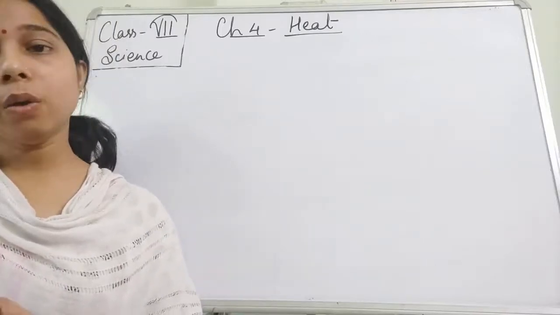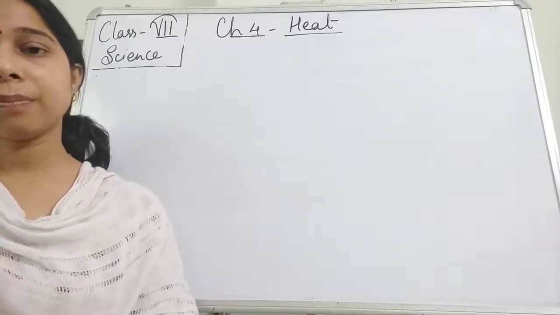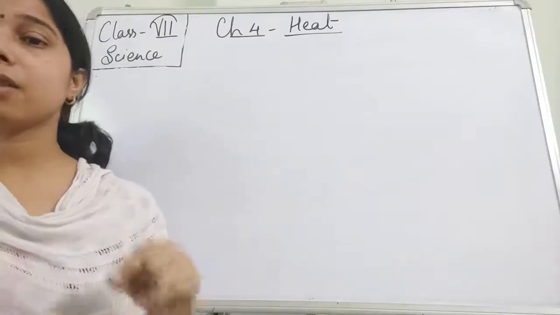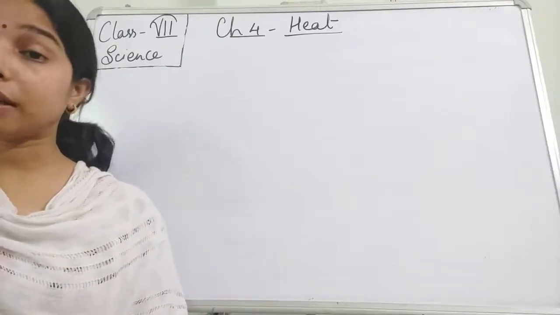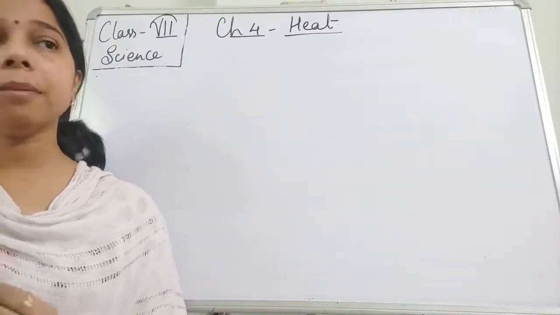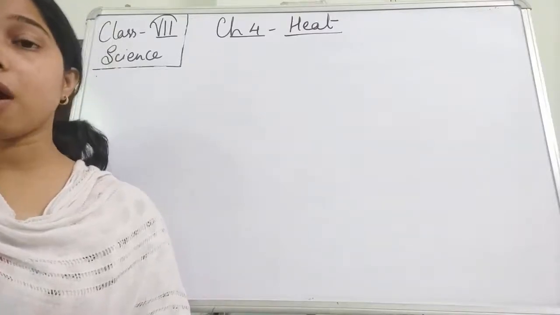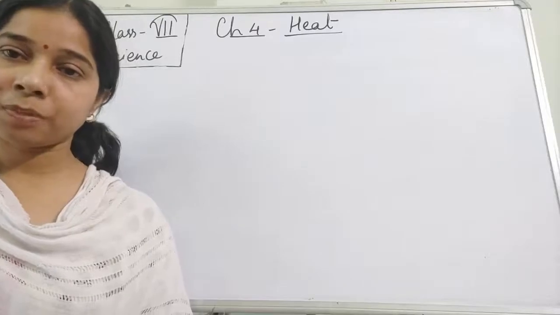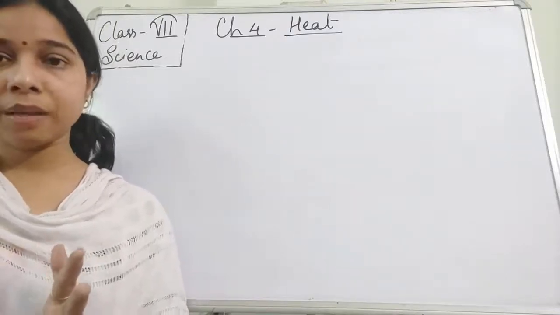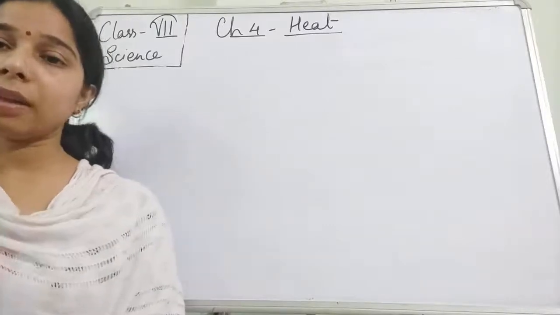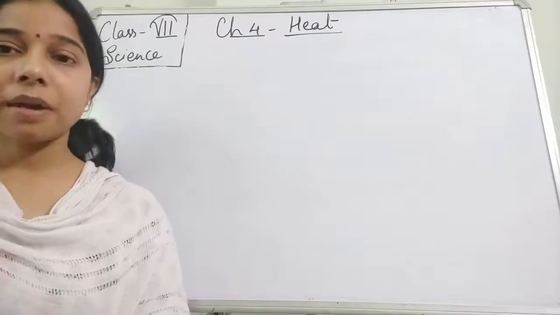One end of the glass tube is sealed, and the other end has a glass bulb containing mercury. When it is heated, the mercury expands and starts rising up.